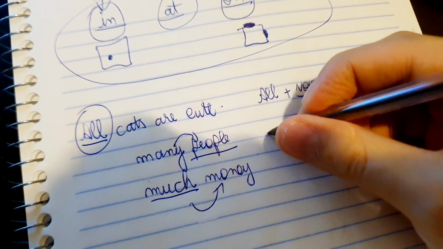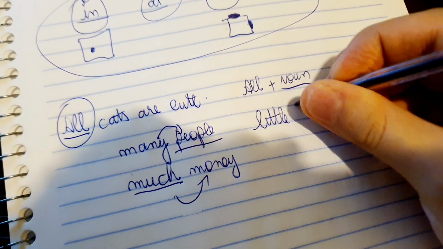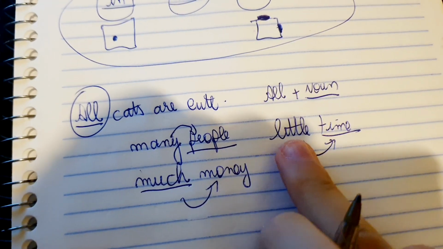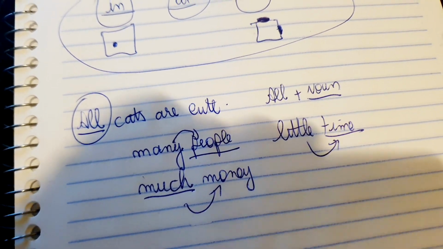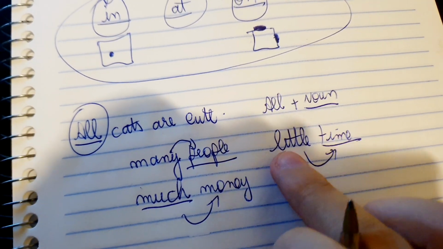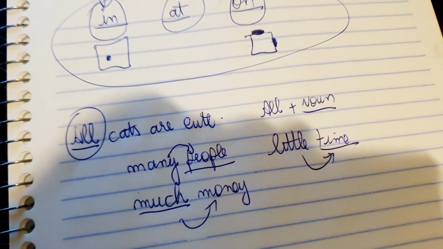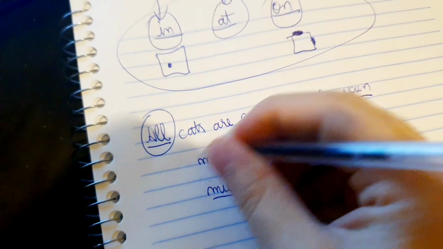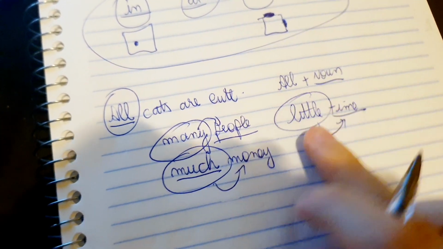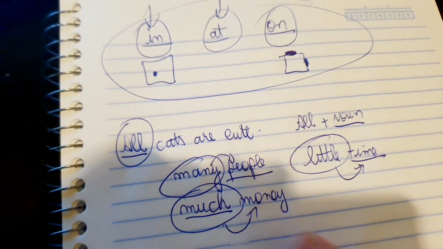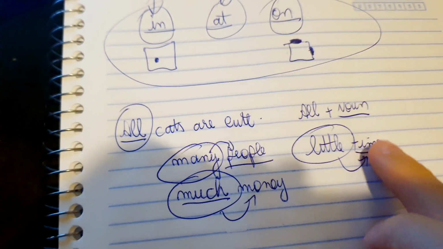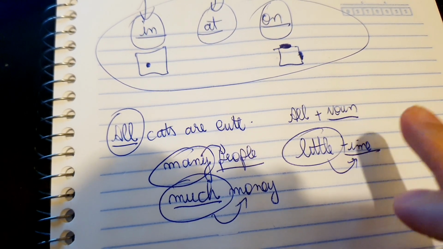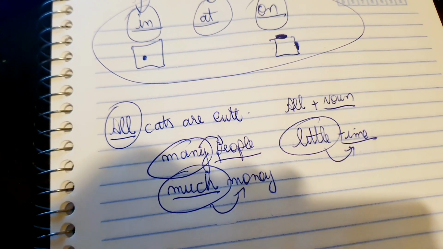When you have little time, little also follows a noun, right? These expressions we studied in the last few videos, okay? So check them out. Check the previous videos I have recorded.